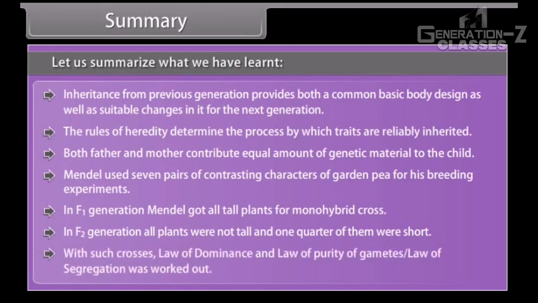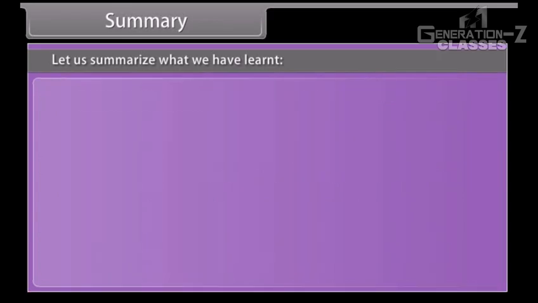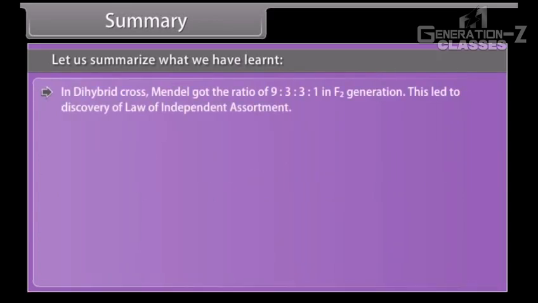With such crosses, the law of dominance and the law of purity of gametes, which is also called the law of segregation, were worked out. In the dihybrid cross, Mendel got the ratio of 9:3:3:1 in the F2 generation. This led to the discovery of the law of independent assortment.